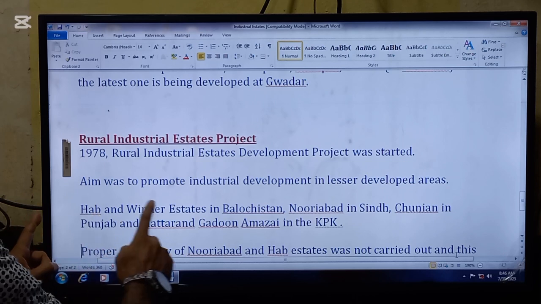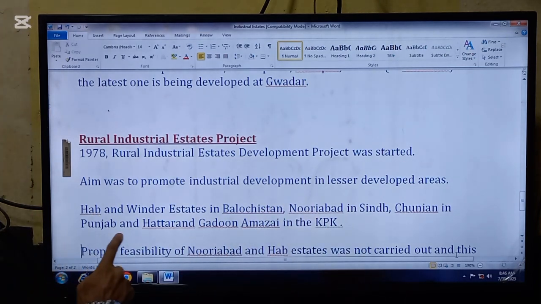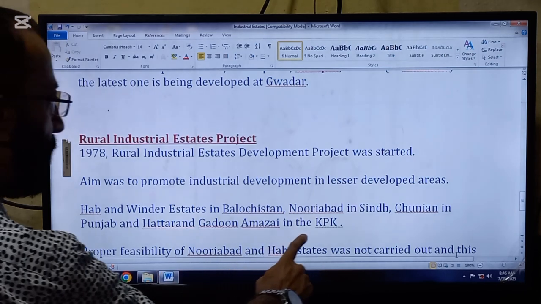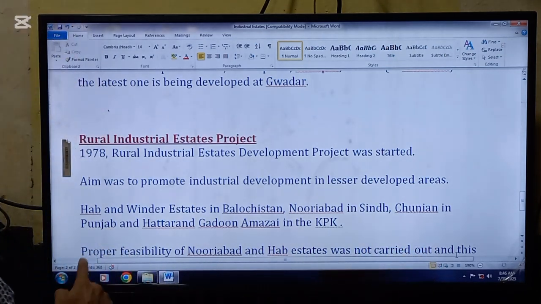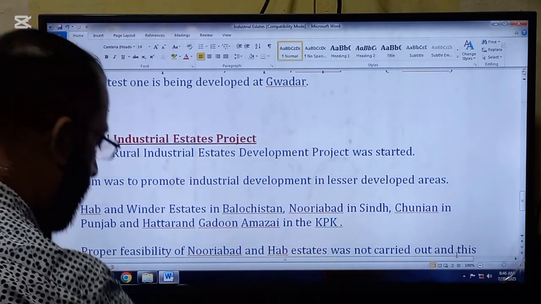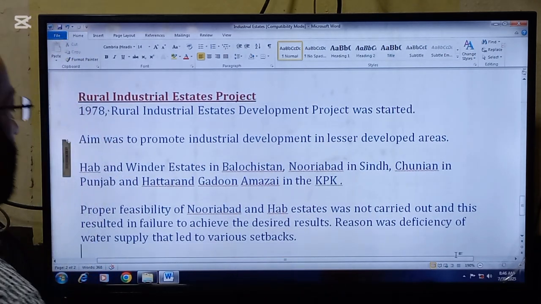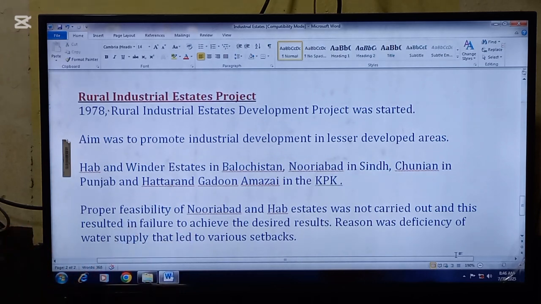The estates were Hub and Winder in Balochistan, Nooriabad in Sindh, Chunian in Punjab, and Hattar, Rand, and Gadoon Amazai in KPK. So these were some rural industrial estates that were started in Pakistan.